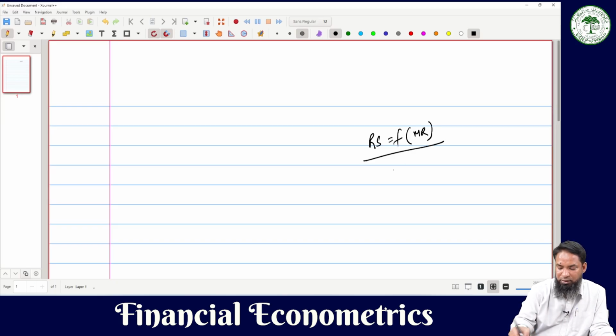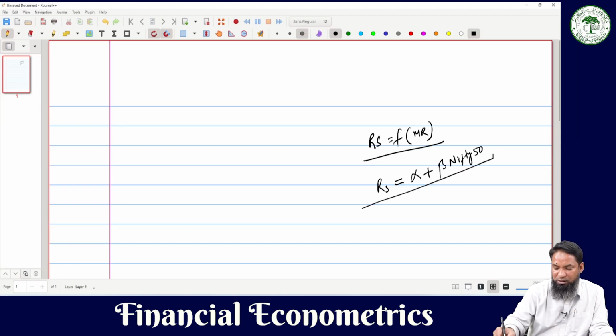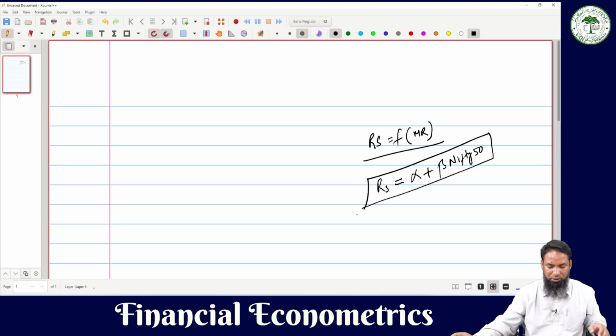So we are estimating the returns of the Reliance stock as alpha 0 plus beta into the market return. The market return we are taking is Nifty 50. So that is the model we are using.